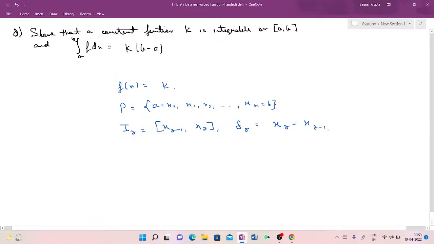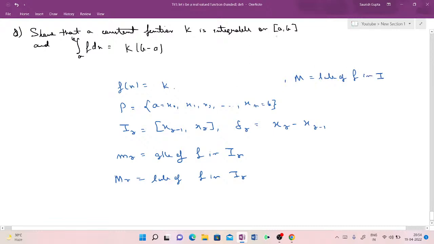Now, define small mr as the glb of f in Ir and capital Mr as the lub of f in Ir. If you also define capital M as the lub of f in I, this interval taken to be I, and small m as the glb of f in I.